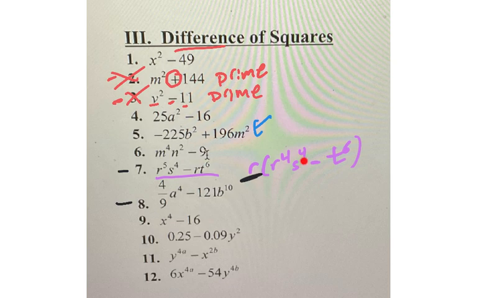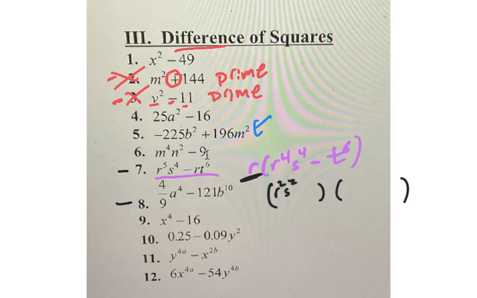Now look what's in parentheses. I have a difference. All of these exponents are even. This exponent is even, meaning it's a difference of perfect squares. So now I can factor what's in parentheses to be the square root of the first term. So I just divide the exponents by 2.